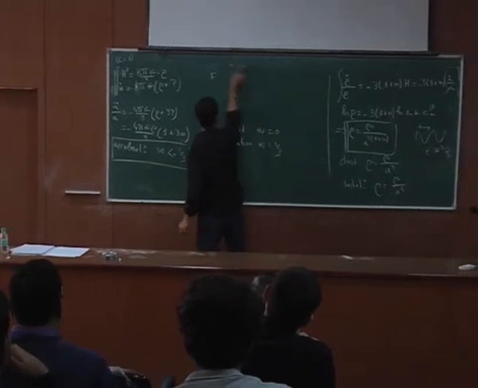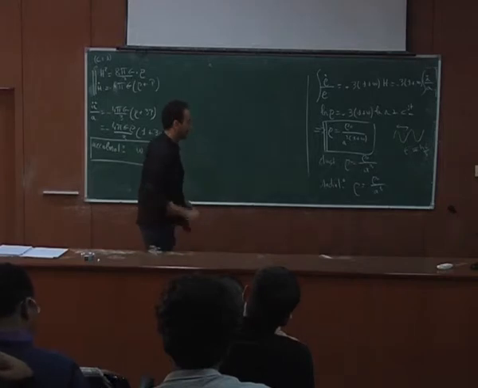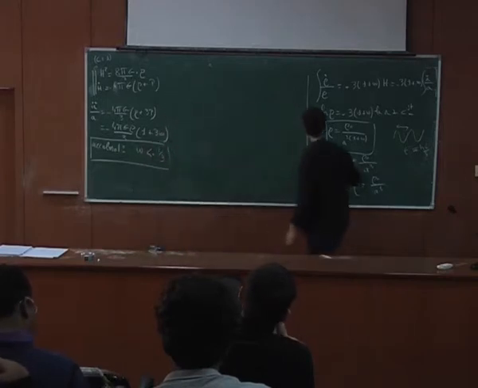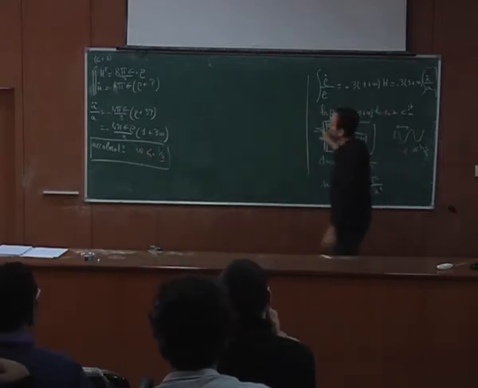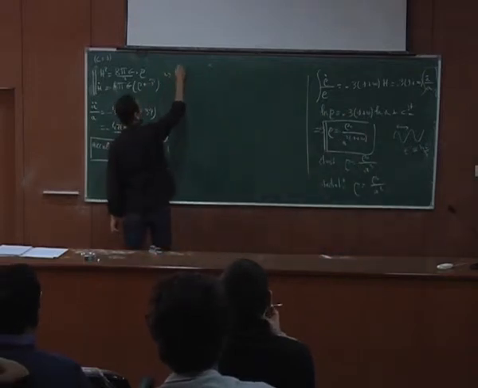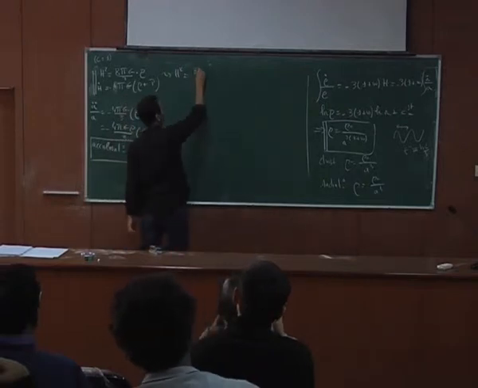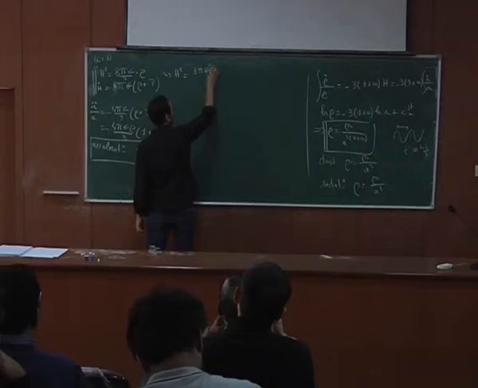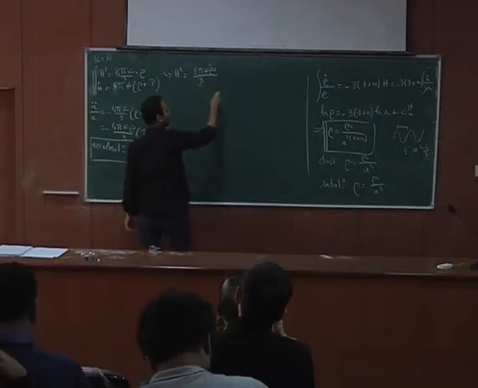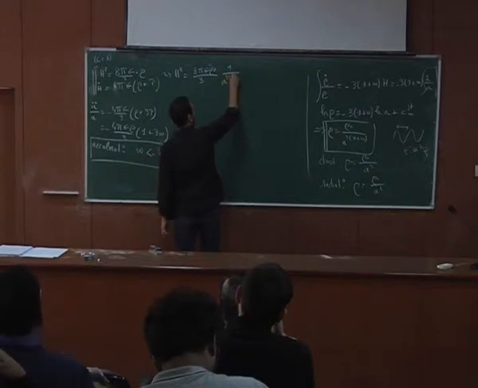We can completely solve the problem that we started, which is to find the expansion of the universe. So this is the density we get here. We can replace it in this equation. So you get that H squared is equal to some constant, 8 pi G rho_0 divided by 3, times 1 over A^(3(1+w)).